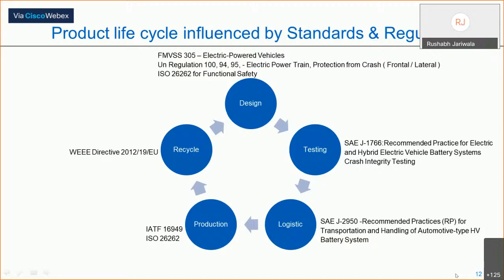And then for disposing of the HV battery, there is a directive. Lithium-ion batteries, from an environment point of view, are very vulnerable if they are discharged or just thrown out into open land or water resources.